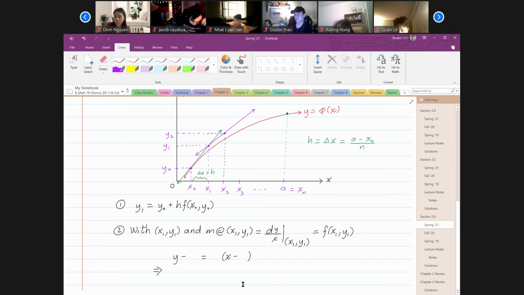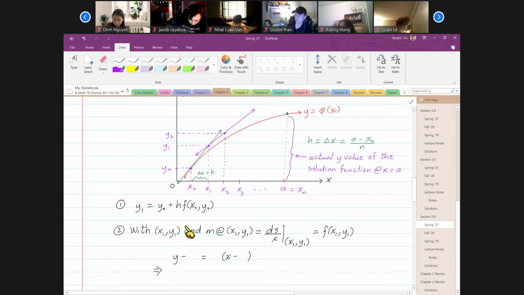And this value right here again, that is the actual y value of the solution function at x equals a.